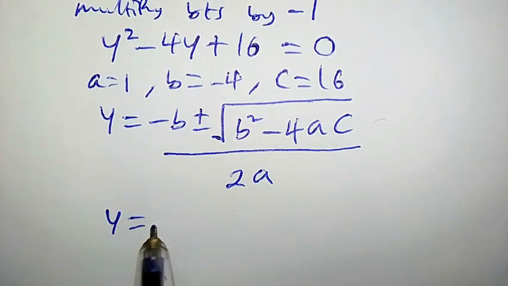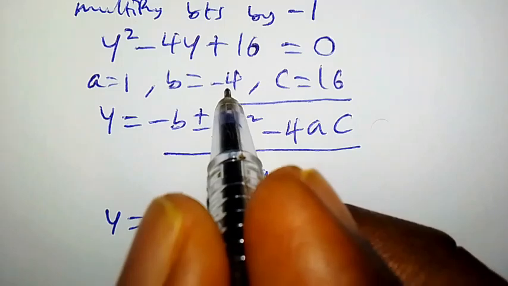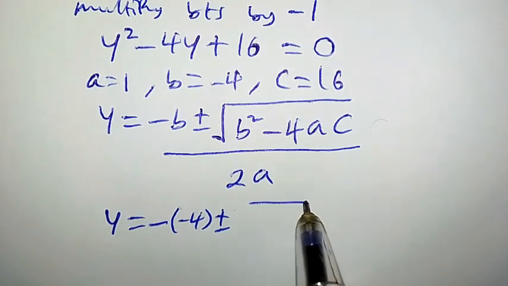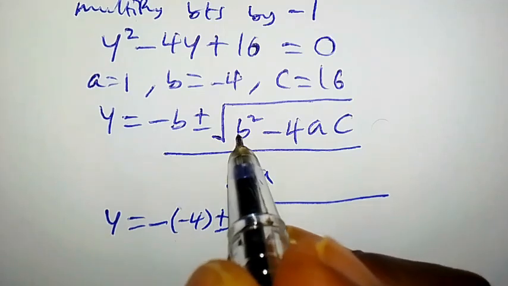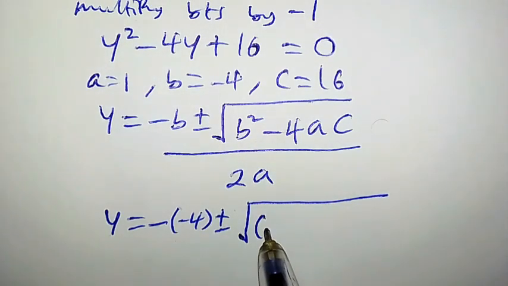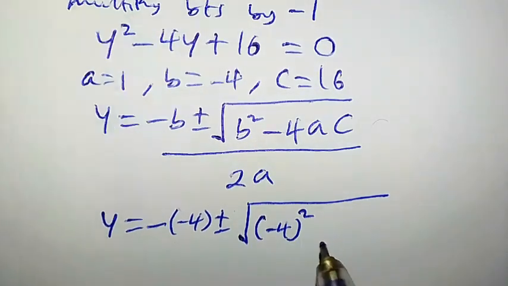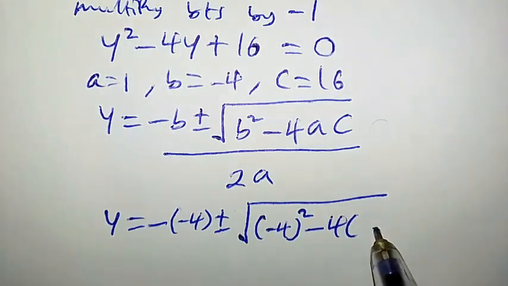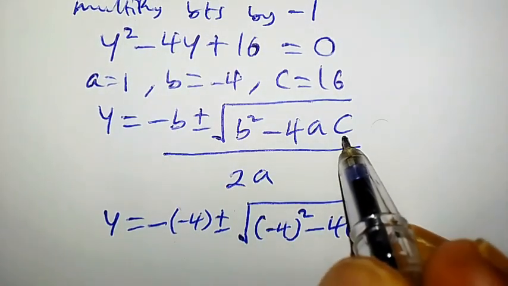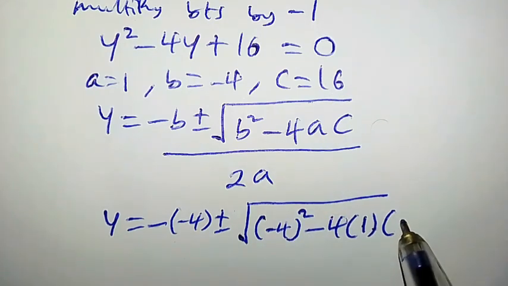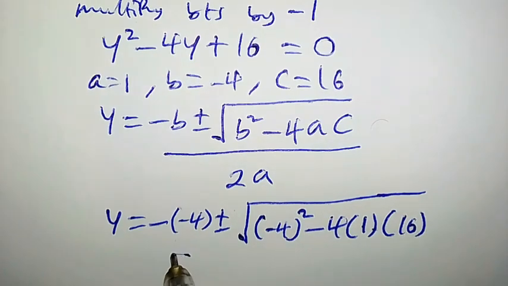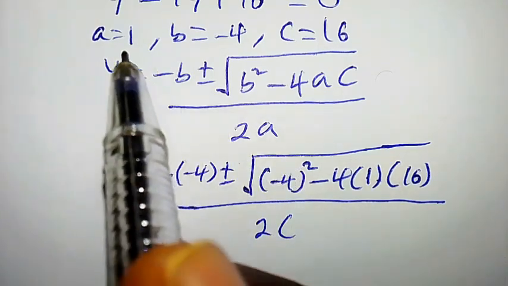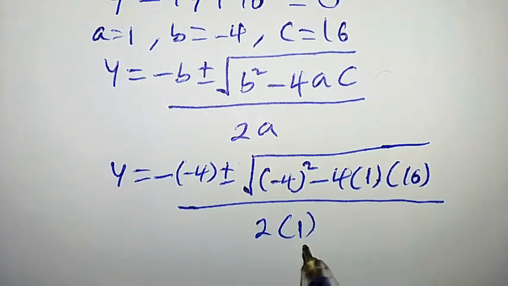So y equals minus, what is b? b is minus 4, plus or minus square root of, what is b? b is minus 4. We have minus 4 all square minus 4 times, what is a? a is 1, times, what is c? c is 16, over 2 times, what is a? a is 1.